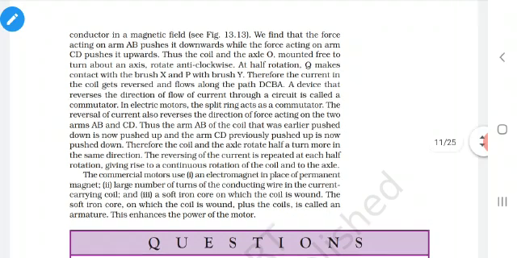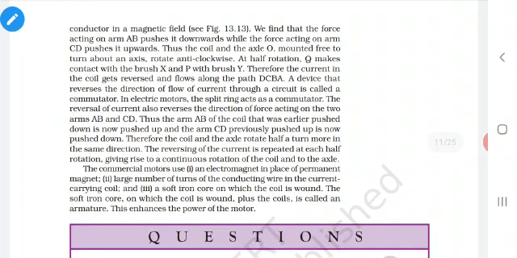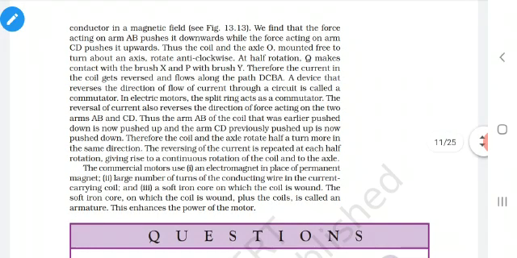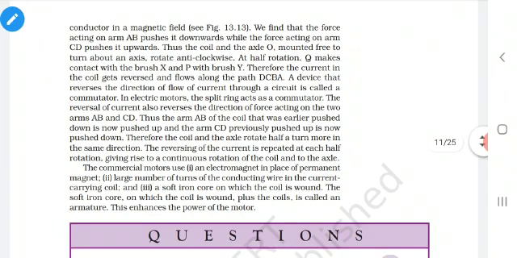The split rings connect AB to the positive terminal, and after completing half a rotation it is connected to the negative terminal.